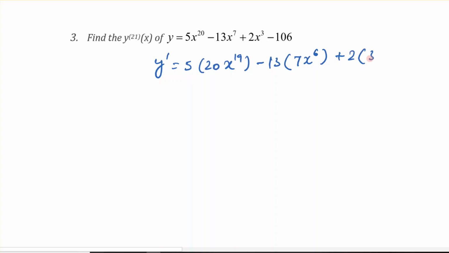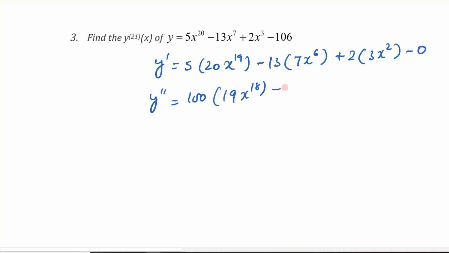Again, bring the power down, reduce the power by 1, minus 0. So that's our first derivative. Similarly, if you want the second derivative, we already have 5 times 20, which is 100, x raised to power 19. So bring the power down, reduce the power by 1, and we get an x to the 18 term.